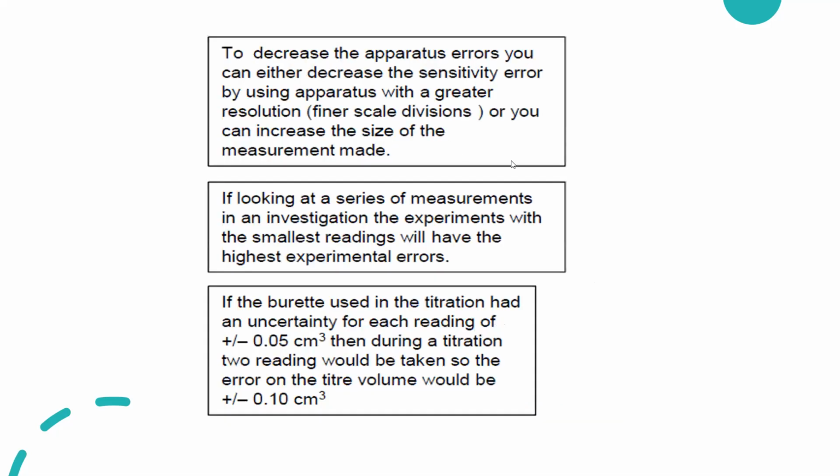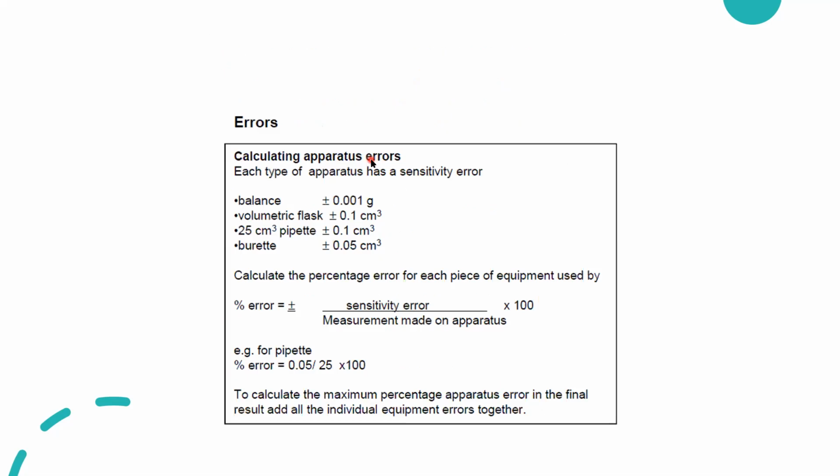Now, to decrease the apparatus error, we can either decrease the sensitivity error by using apparatus with a greater resolution, or increase the size of the measurement, because the percentage error depends on sensitivity.